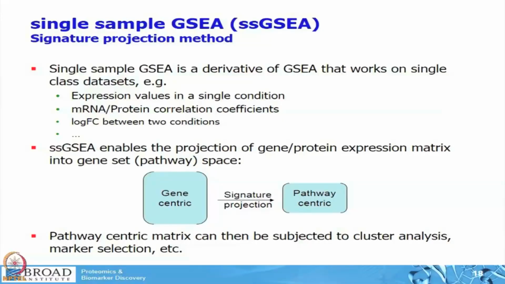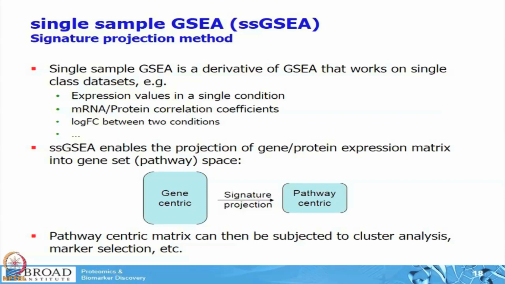So that's the principle. If you have a data matrix, let's say these are gene-centric matrices, you would project each column into pathway space. We will do that during the hands-on, and I hope that this will become a bit clearer. That's why it's called a signature projection method.